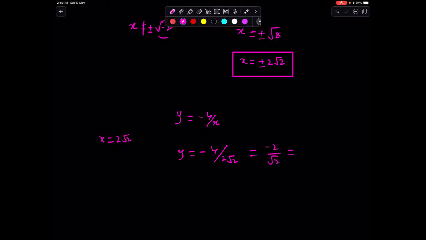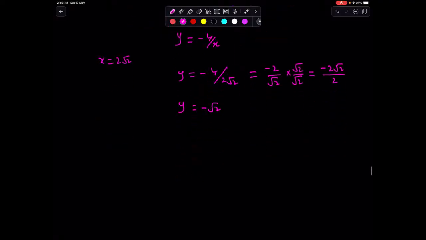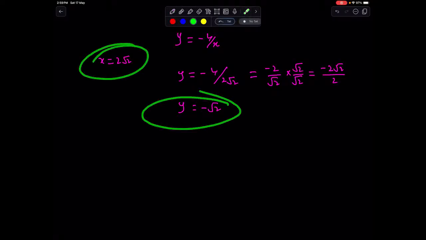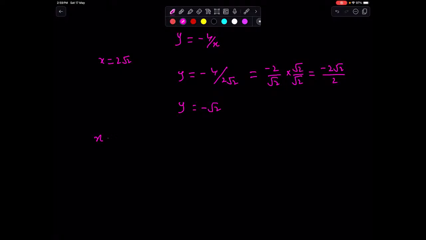When you rationalize this, you will get minus 2 root 2, or you can do this in calculator as well. So y is minus root 2. So when x is 2 root 2 positive, then y is negative root 2. Therefore, when x is minus 2 root 2, then y must be positive root 2.